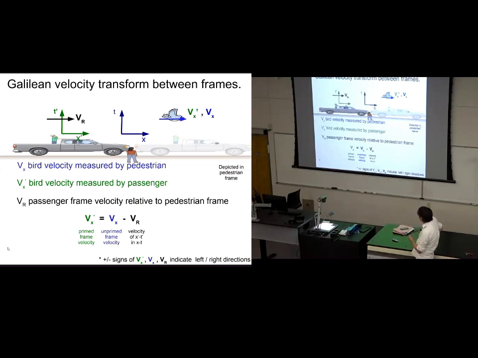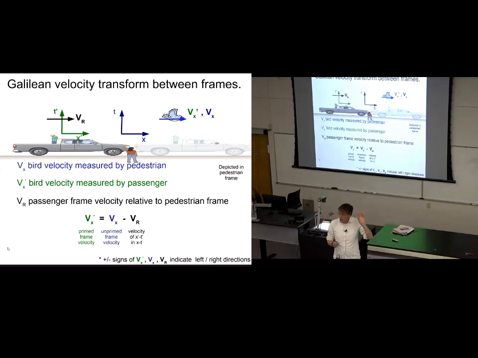The speed of the birdie in the passenger reference frame, in green, is equal to the speed of the bird in the blue, pedestrian reference frame, less the speed of the passenger reference frame in the pedestrian reference frame. That's the Vr here. It's really common sense if you think about it. You already knew this equation when you were 4 years old.